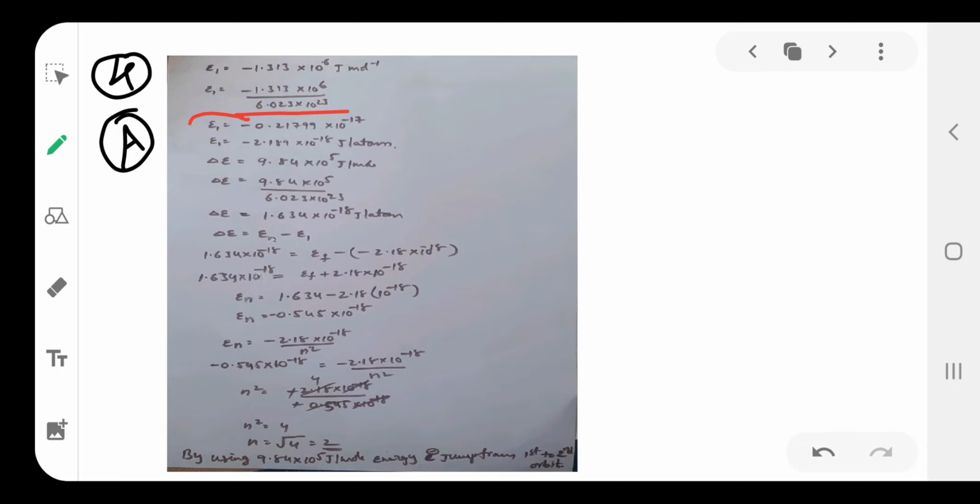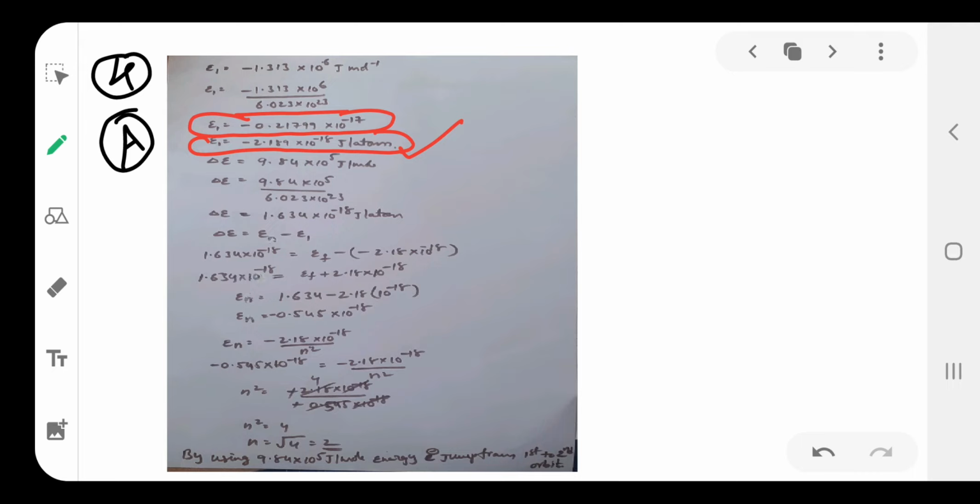We get the energy in joule per atom as minus 0.217 into 10 power minus 17. Moving the decimal point one digit, we get E equal to 2.179, or 2.18, into 10 power minus 18 joule per atom. So the energy given in joule per mole is converted into joule per atom. That is the energy of the ground state orbit.